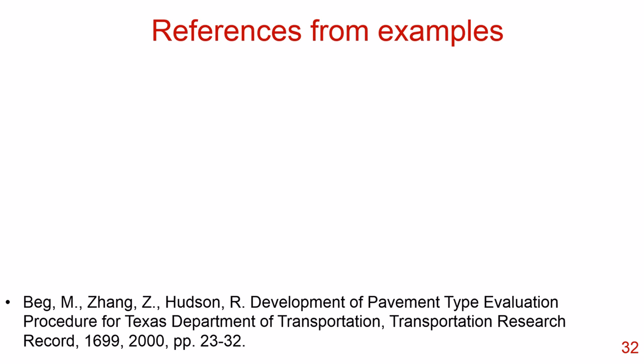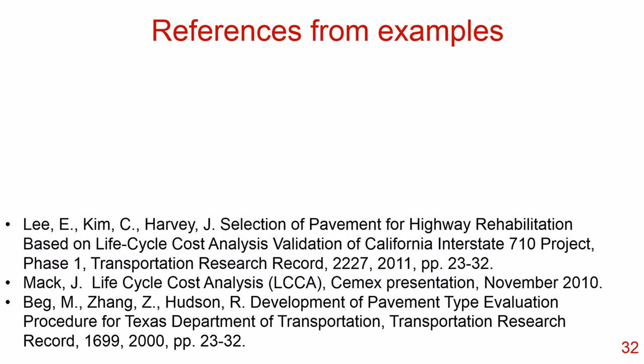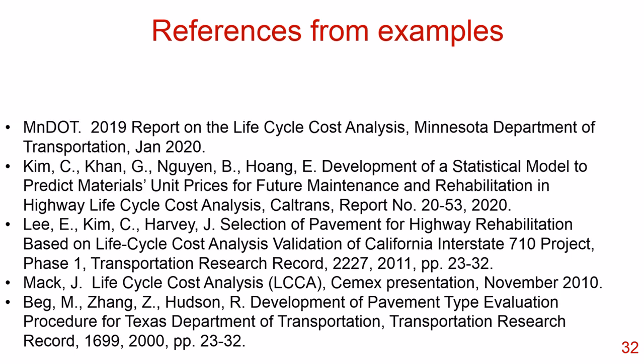Now, I did promise I'd show the references from all the examples. Begg et al. wrote the Texas study in 2000. Mack, his presentation was in 2010. Lee et al. was a Transportation Research Record paper released in 2011. Kim et al. was the Caltrans report from 2020. MnDOT released their report in January 2020 as well.